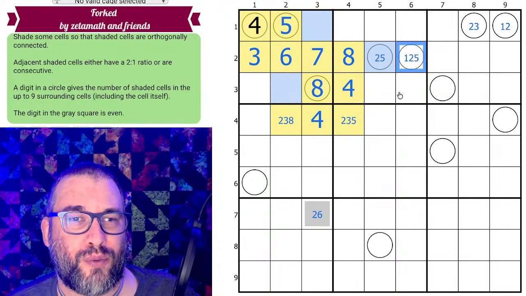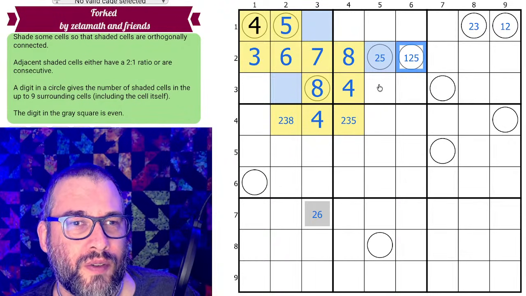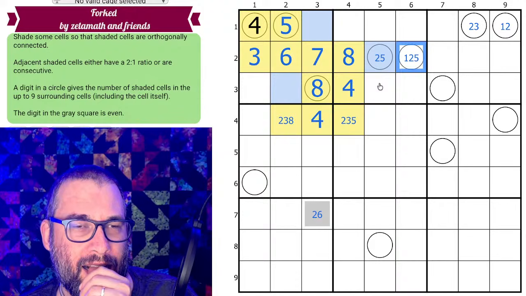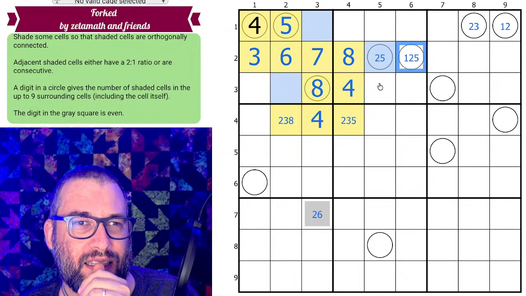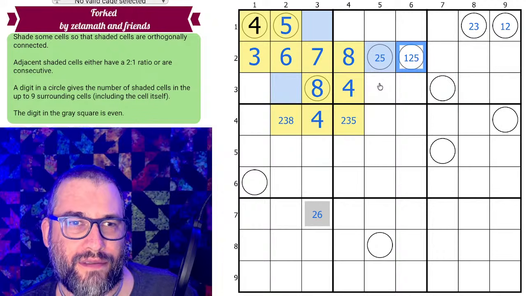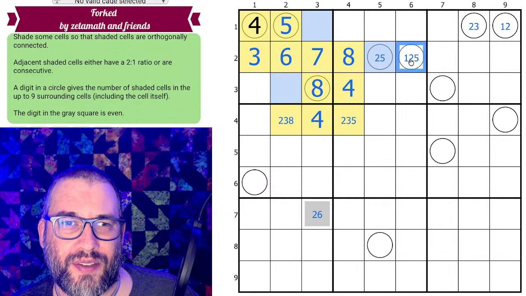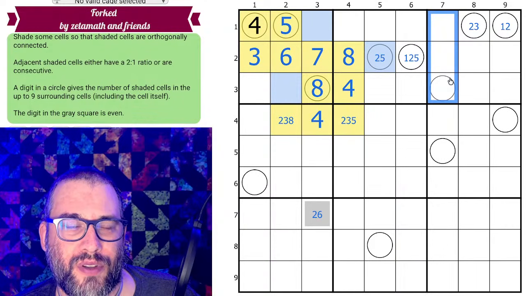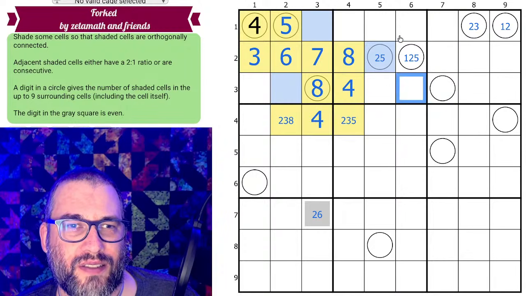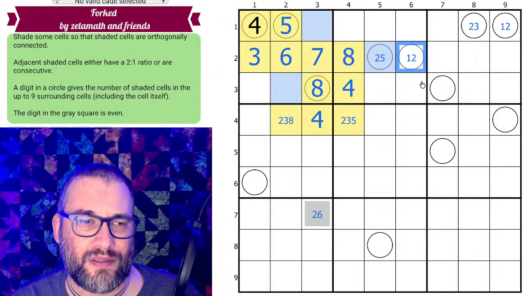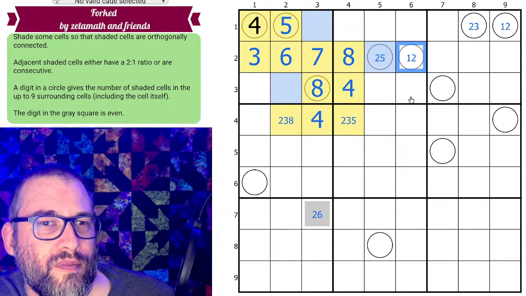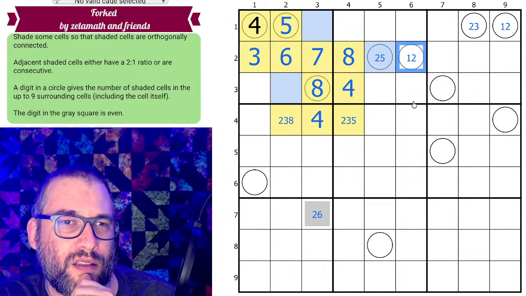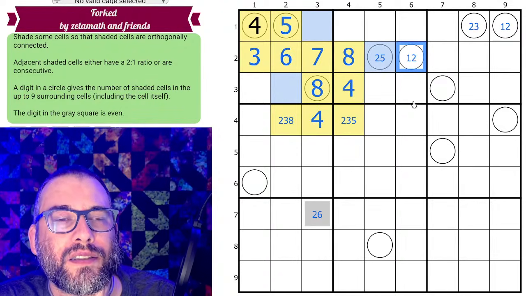Because otherwise you'd have way too many 8s in the world. And it can't be 5. Because if it is 5, this would have to also be 5. Because even if you stashed 3 of them here, you'd still have to have 2 of them that this saw. So this isn't 5. One or 2 only.